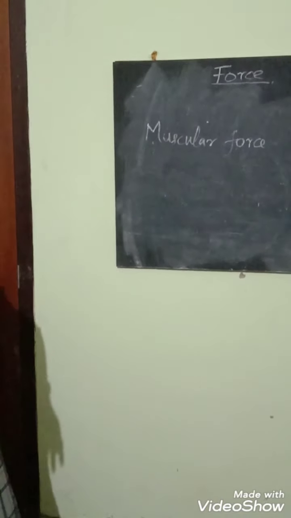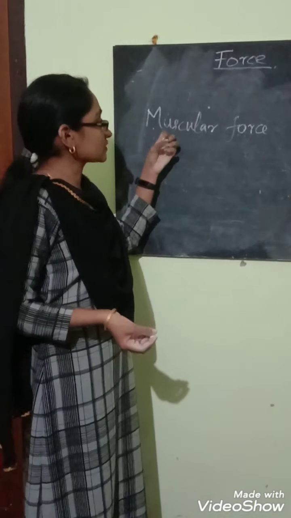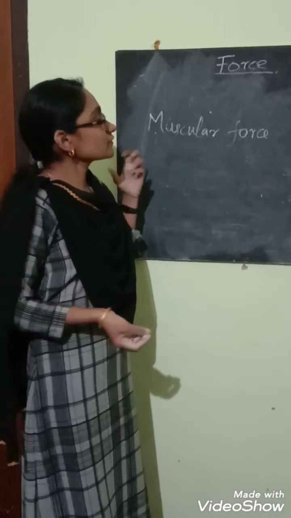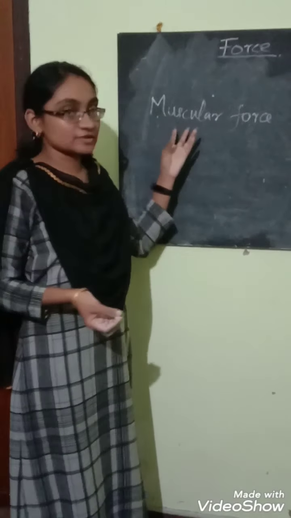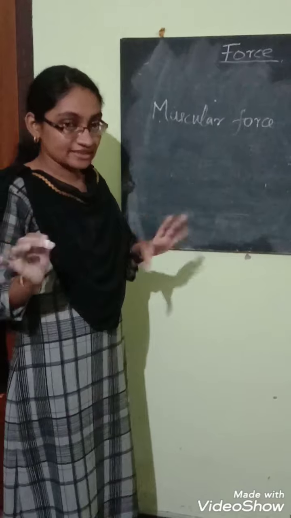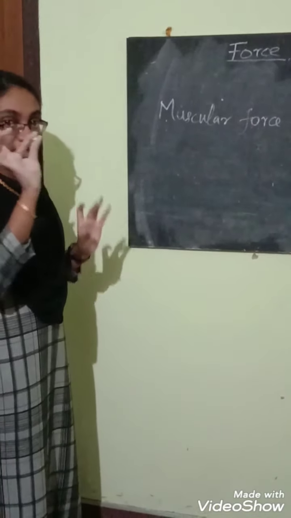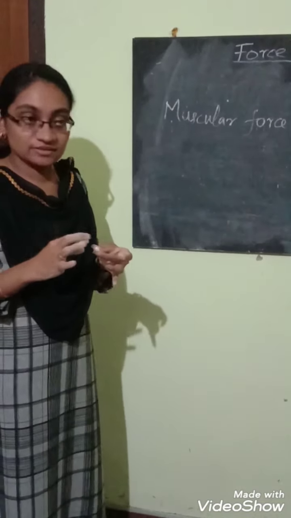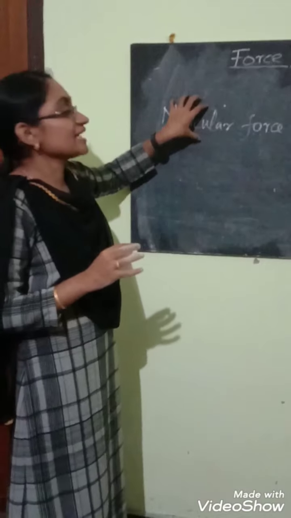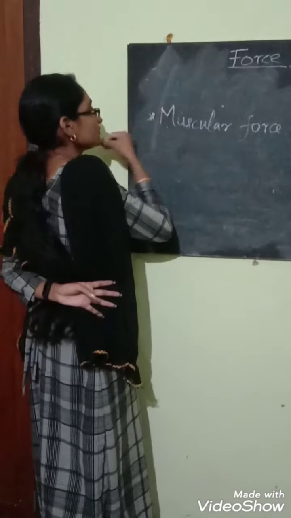It is not only for human beings, animals also use this muscular force. So, does contact take place in muscular force? Definitely yes, because when I want to pick up this chalk, there is a contact, and this muscular force is an example of contact force.